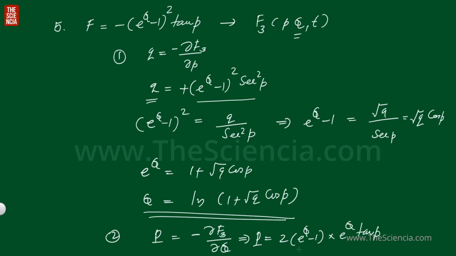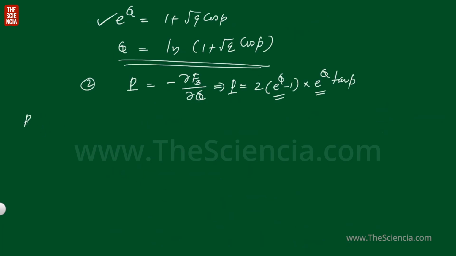Now we can replace e raised to q minus 1 and this e raised to q by this. So what we will get? We get capital P equal to 2 into (e raised to q minus 1), that is root q cos p, into e raised to q, that is 1 plus root q cos p into tan p.